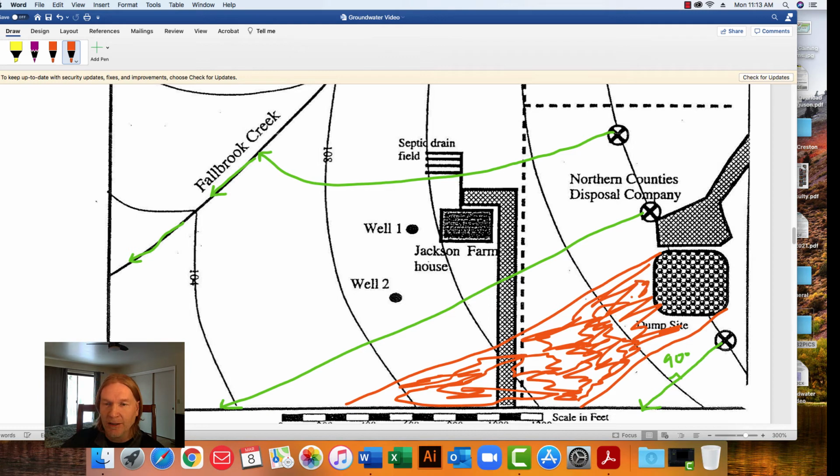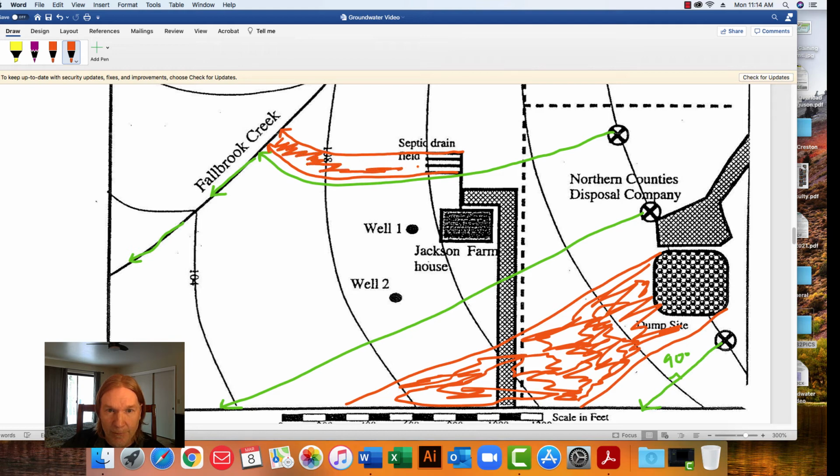Okay, so let's draw the contamination zone from the septic field. I'm going to do the same thing. I'm just going to kind of draw a flow line from this side, and it's just going to go like that right into the gaining stream, and on this side it's going to do the same thing. It's going to go kind of parallel, and this is what that contamination zone is going to look like.